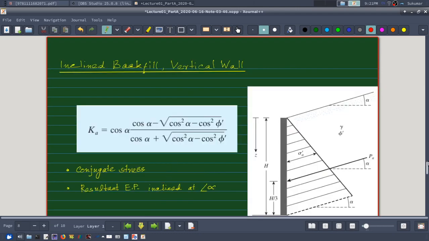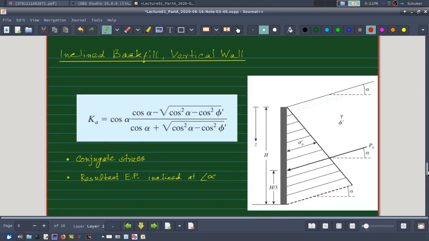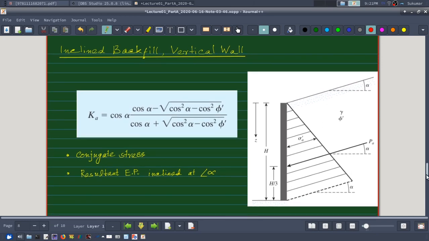Next is, if I have an inclined backfill, we can use the principle of conjugate stress. You remember that, see, this is my vertical wall and this is my backfill inclined at an angle alpha to the horizontal. In that case, this surface is free from shear stress, so shear stress is 0.